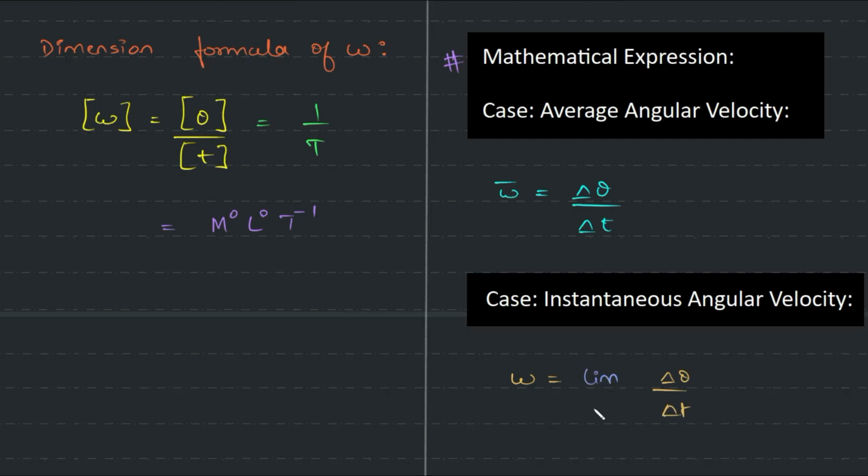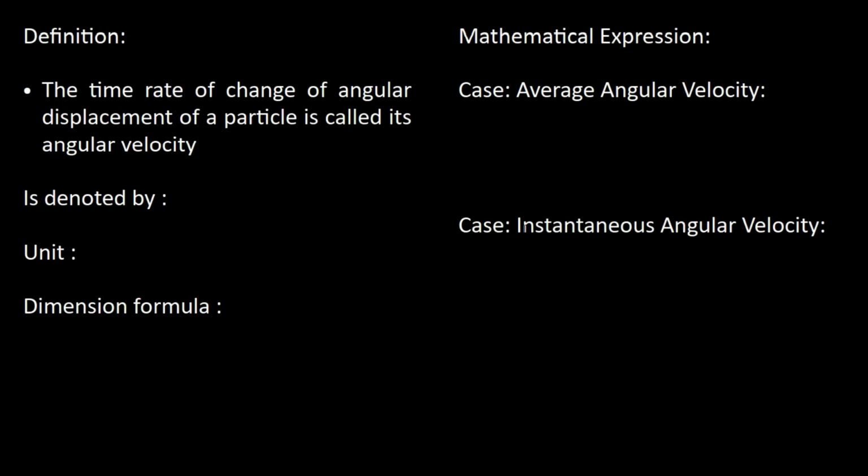Limit, delta t will tend to 0. As in when the time is reducing, what is happening to the angle? How fast things are happening? That is your instantaneous angular velocity. Done. So that's the funda.